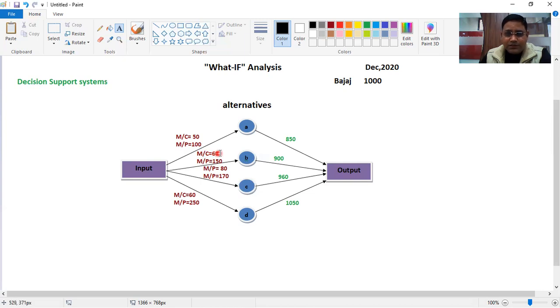With this combination we can manufacture 900 bikes in a month. So these are our alternatives. Are we getting close to our objective? No. What is our objective? Our objective is to manufacture 1,000 bikes. Now let's see the third alternative.